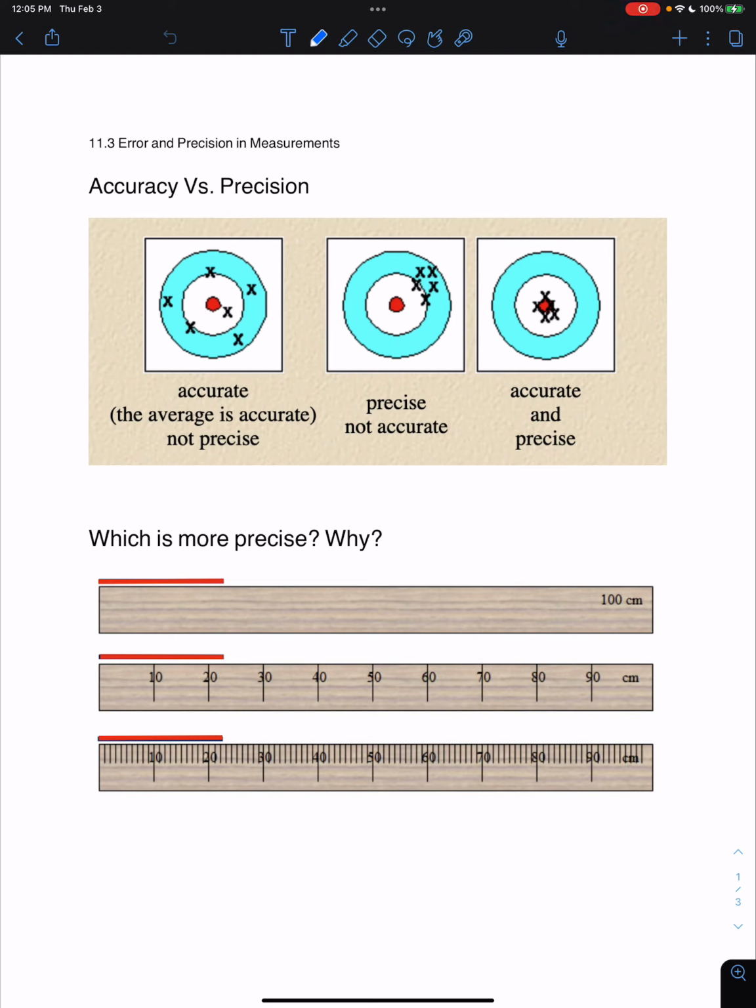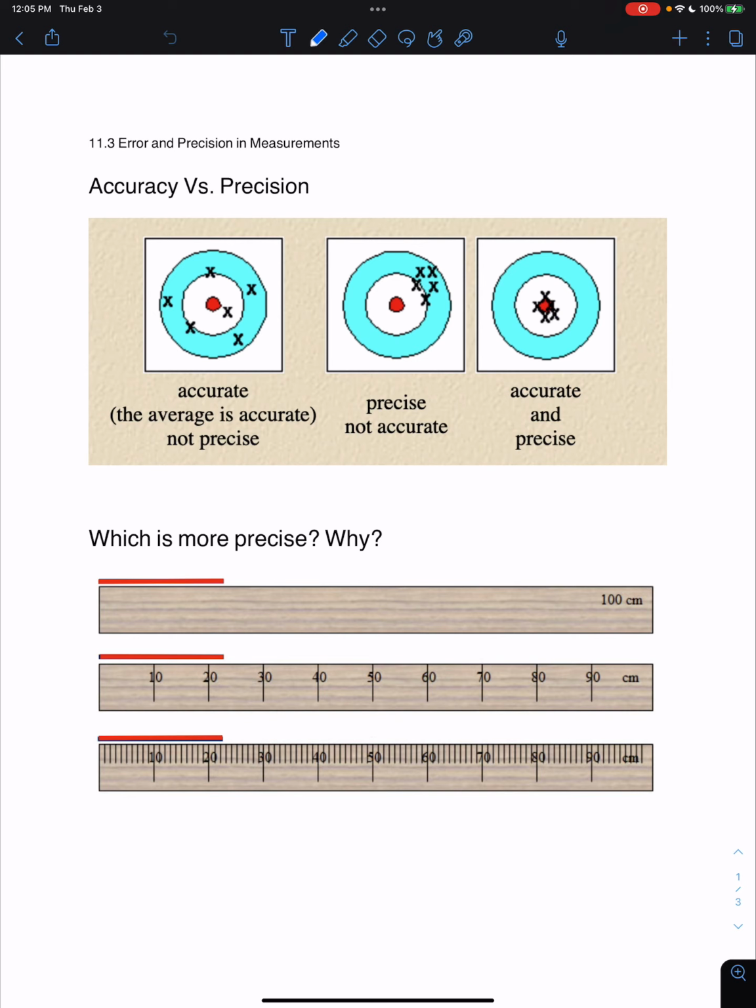So when we make measurements, our measurements can be accurate, they can be precise, or they can be accurate and precise. Accuracy has to do with how close the measurement is to the actual measurement.